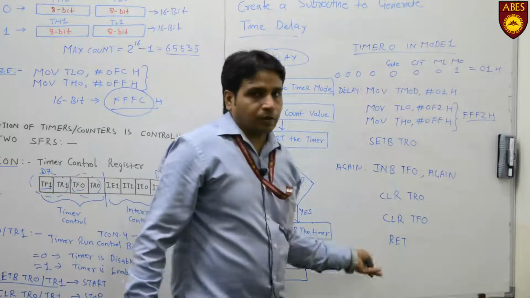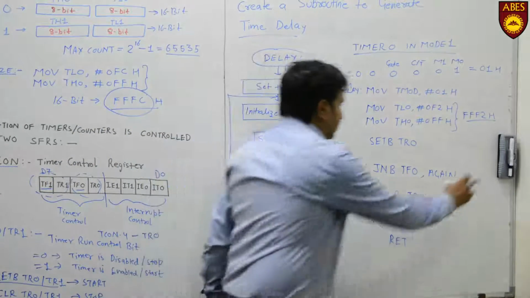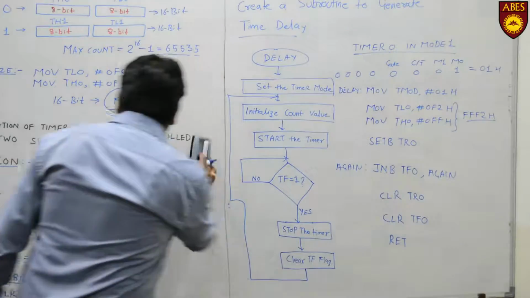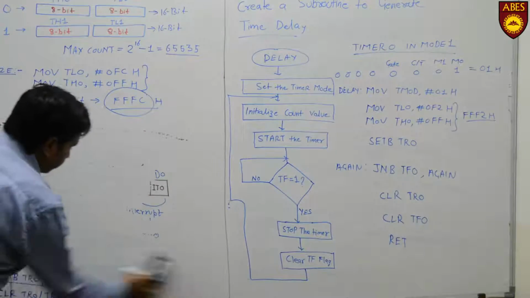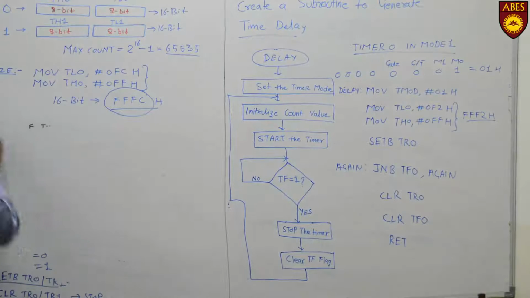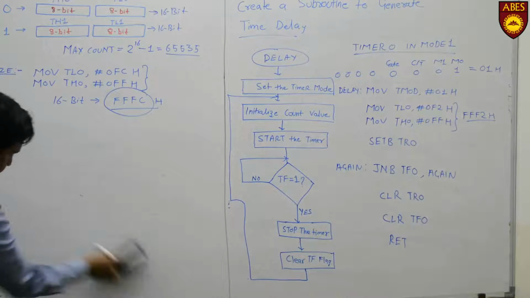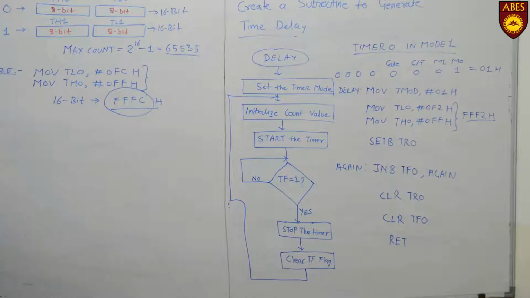At the end, we want to find how much time delay this particular program has provided. To calculate this, we have to find the number of counts the counter has done. There is a formula to find the number of counts.